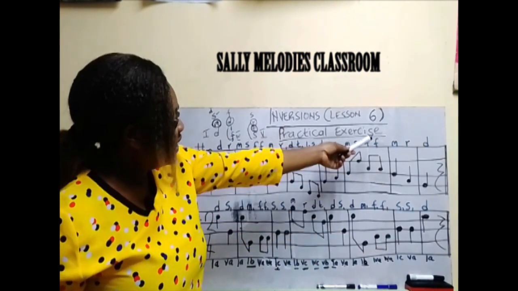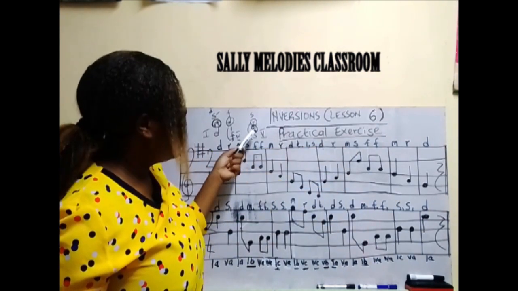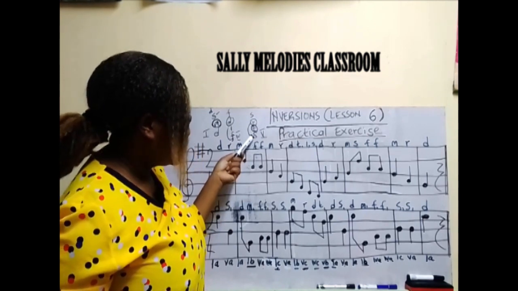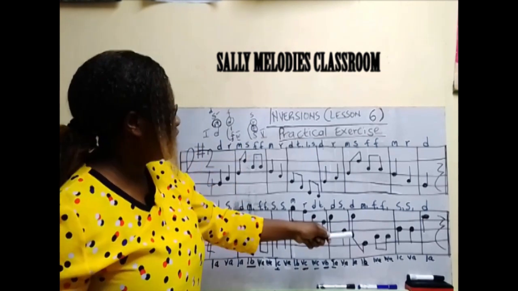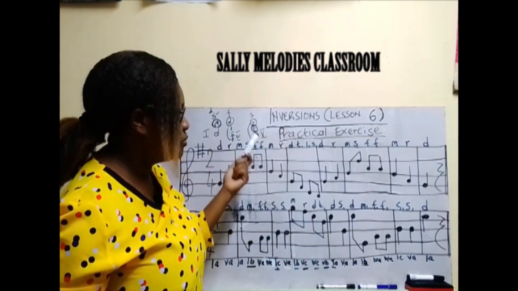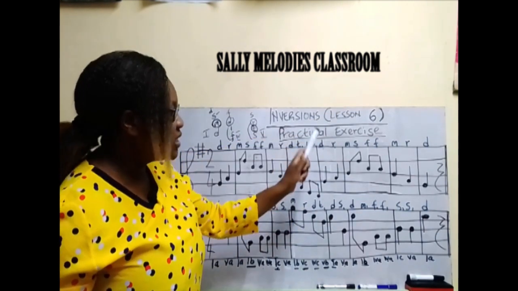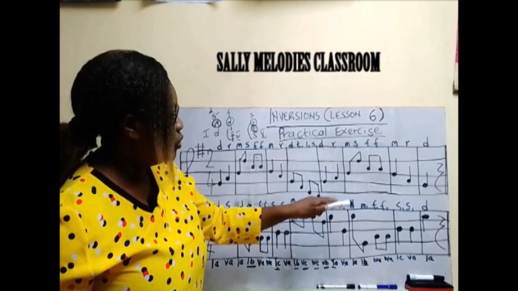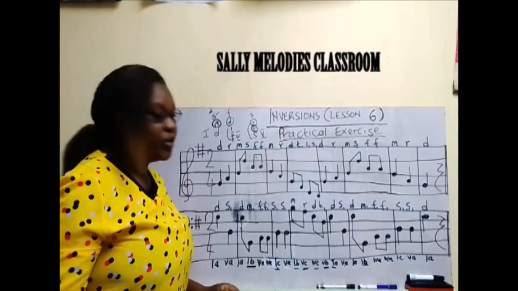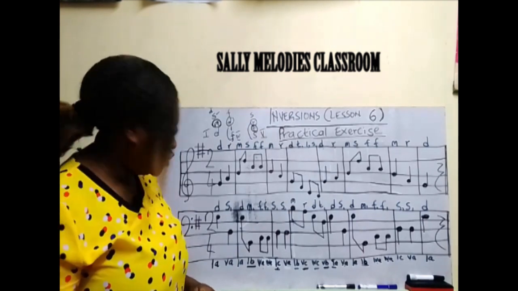And then we have a re and a so, meaning that in this chord, the so is still on the root position. So you are going to write a 5A because the so has not been inverted. And then the last chord there, the last bar, we have a do and a do. So that is 1A.